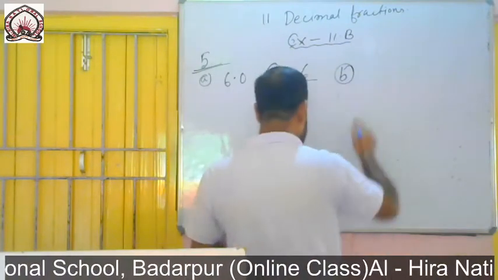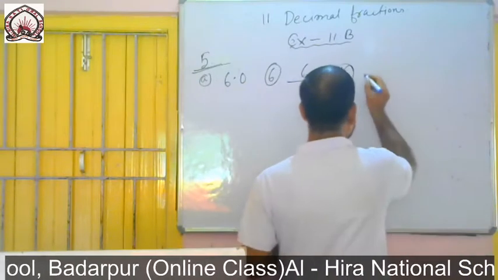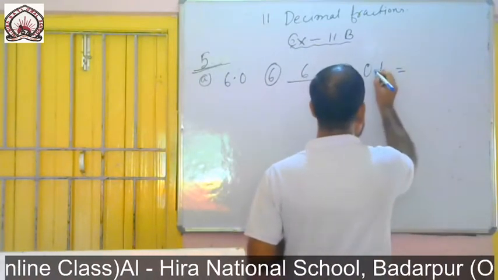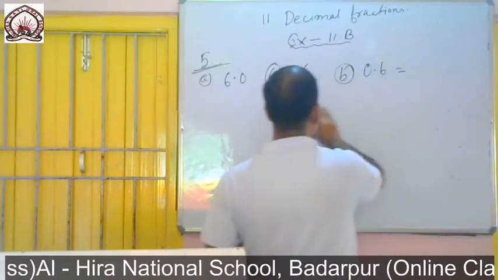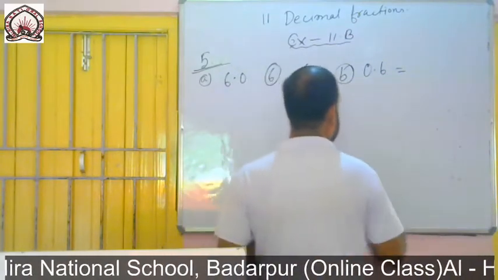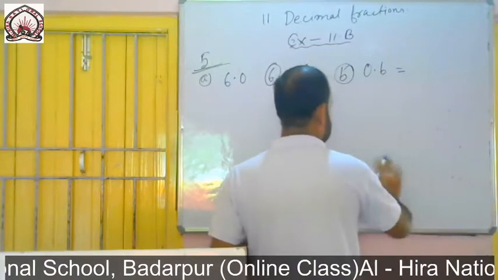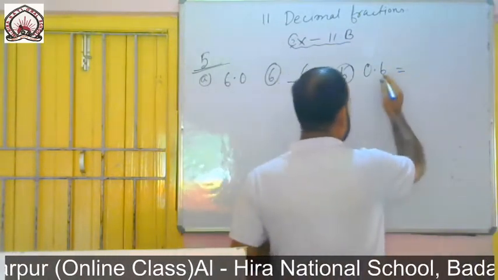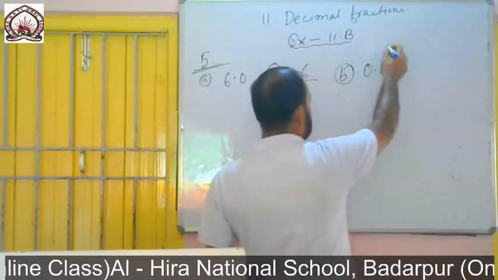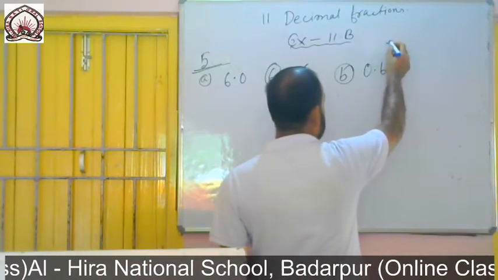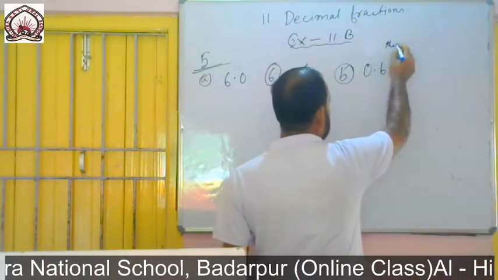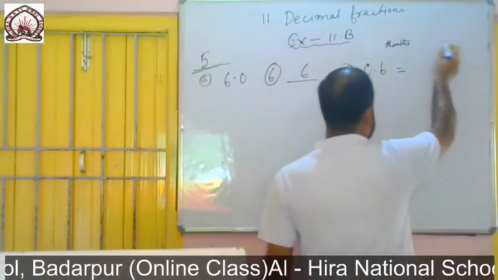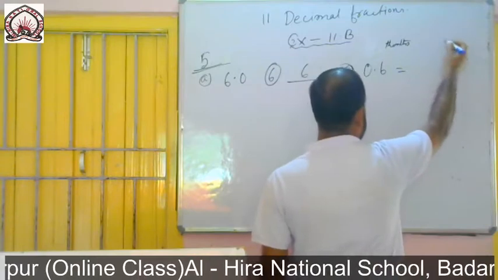Question number B, 0.6. So the place value of this 6 is tenths, not tens. After the point, in the place value chart we get tenths, hundredths, thousandths, like this.